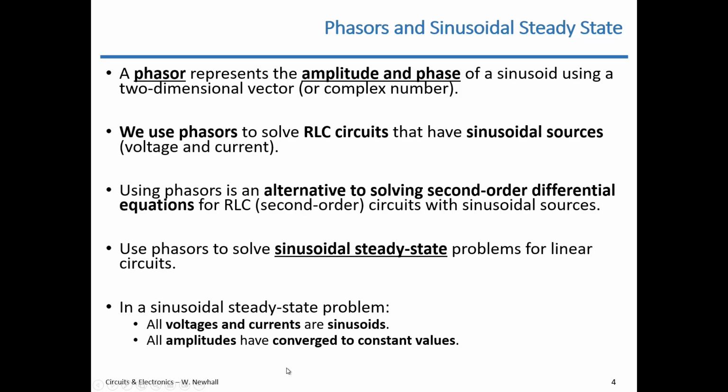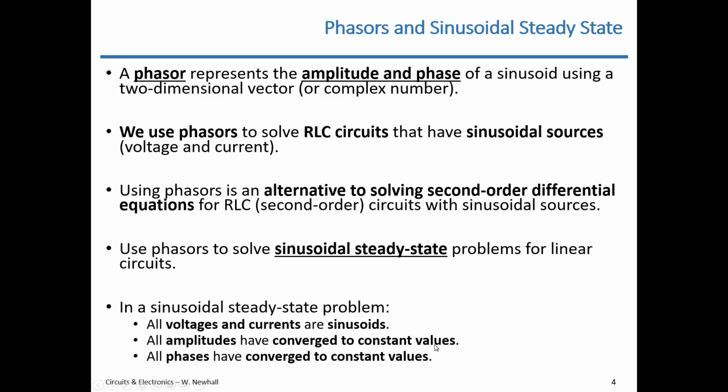So if you have a 2 sin(ωt), you have an amplitude of 2, it's not changing after a certain amount of time. And not only have all amplitudes converged to constant values, but all phases have also converged to constant values. Okay, so the phase and the amplitude are not changing.